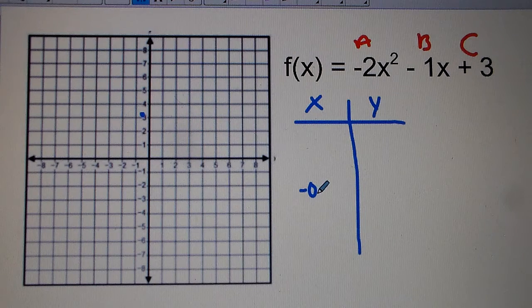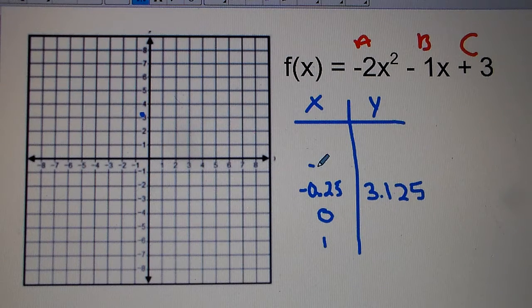So negative 0.25 and 3.125 was our output. Now negative 0.25, if I go up, the next whole number or the next integer is 0 and then 1. The other next ones are negative 1 and negative 2.